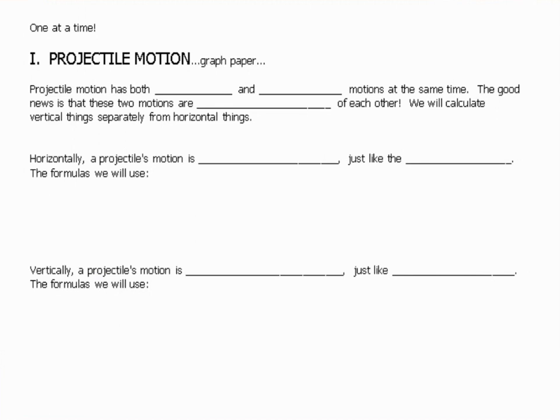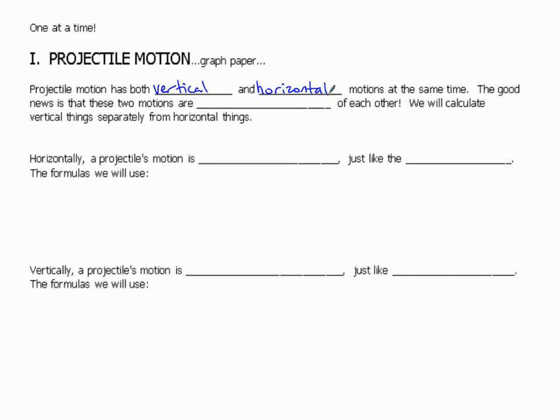First, we'll talk about projectile motion. So if you have the notes, you'll see a piece of graph paper, and we'll have to come back and talk about that in a different video. Projectile motion has both vertical and horizontal motions at the same time.